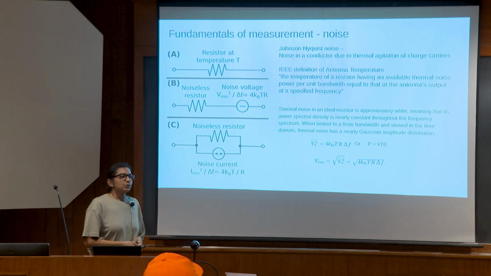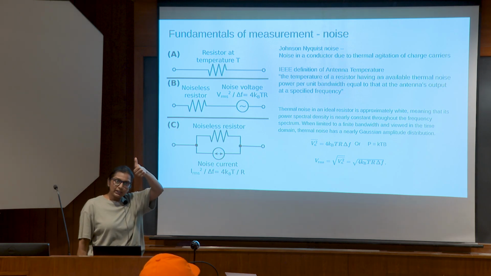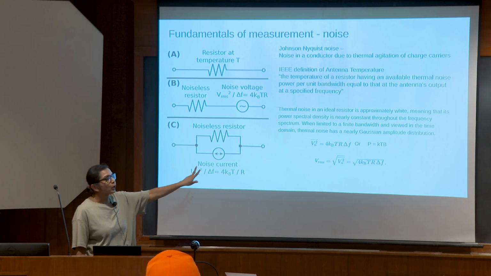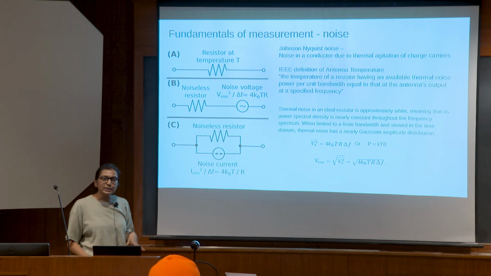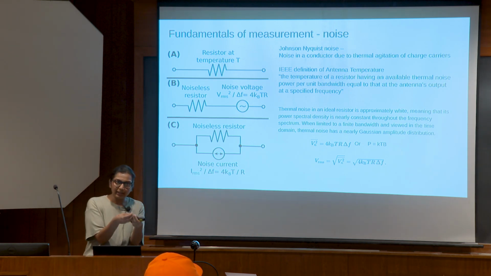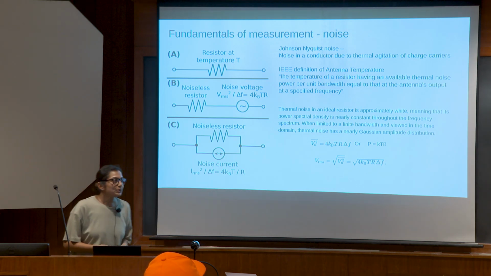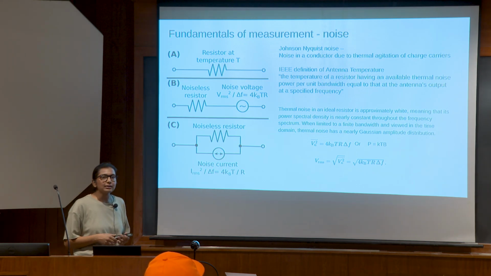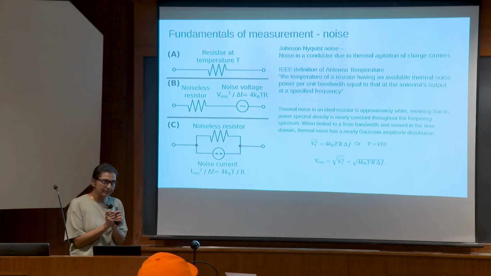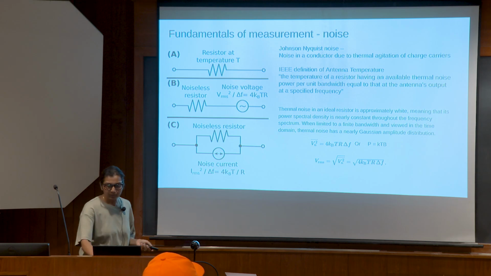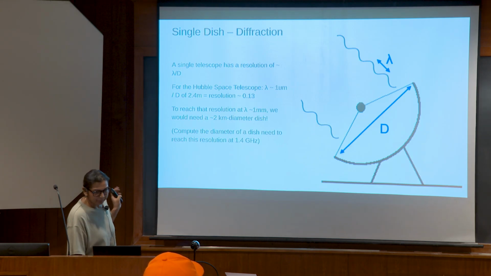So we have one temperature which is thermodynamic, one which is the brightness, and the third is the noise temperature. The noise temperature can be of the antenna if you connect an antenna, or of the receiver because electronics are also noisy. So this is the equivalent temperature of a noisy resistor that would produce the same amount of power in a receiver. So we have P is equal to KTB.